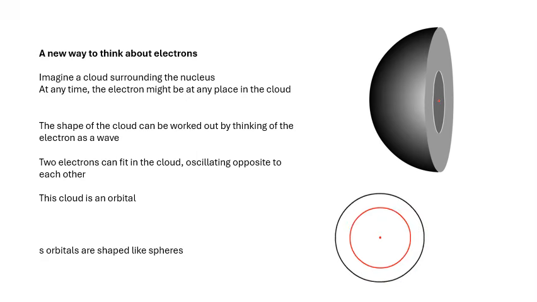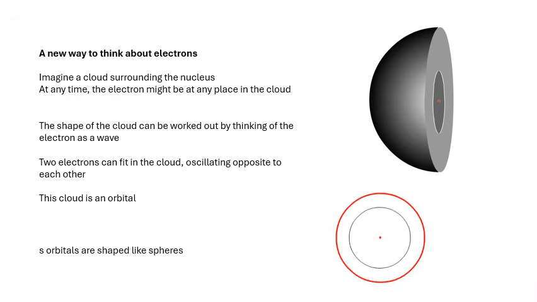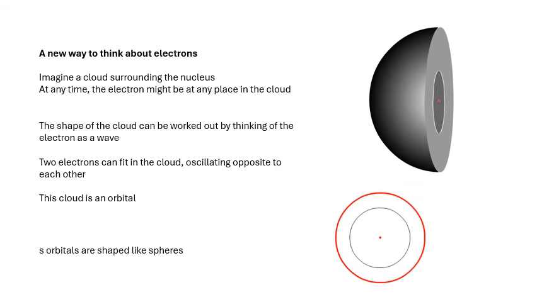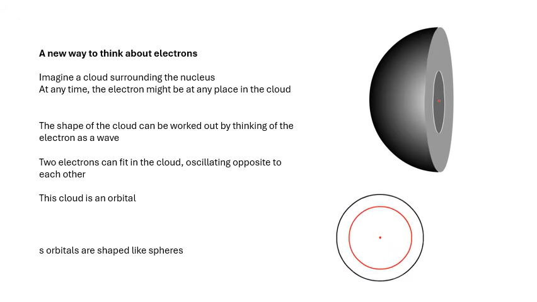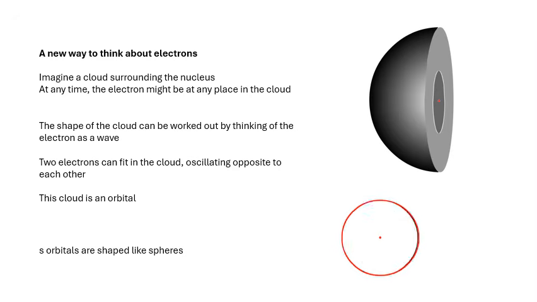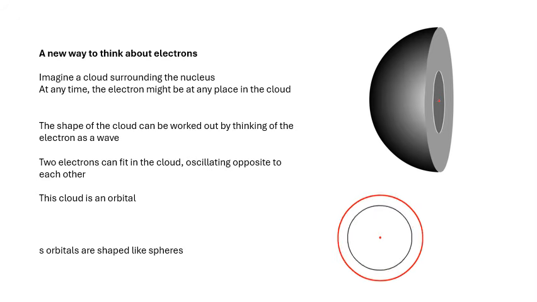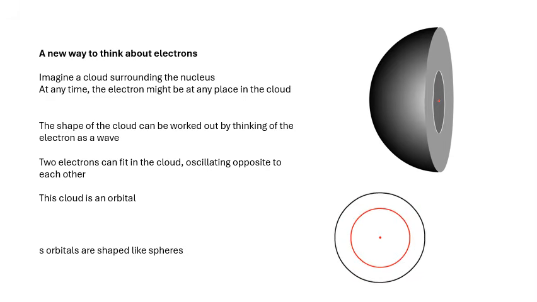Let's have a go. Now, we've thought about electrons as being these tiny little particles whizzing around the nucleus. And that's a good way of thinking about electrons, and we can explain a lot about electrons like that. What I'd like you to do now is think about another way of thinking about electrons. Imagine there's a cloud surrounding the nucleus, okay?